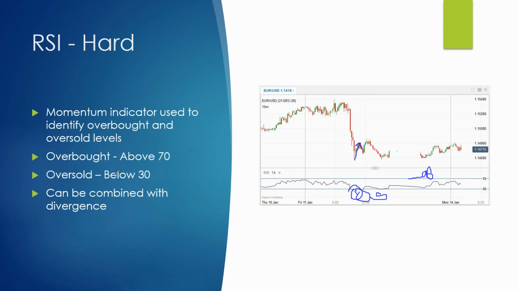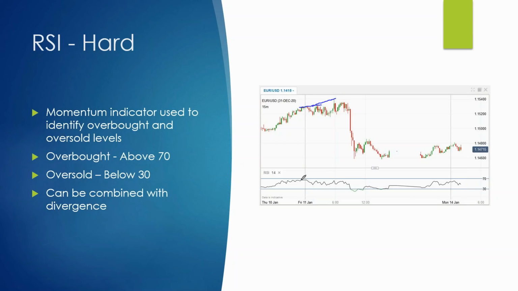However, most of the time, you don't want to just take a trade because it's overbought or oversold, because it could be overbought or oversold for extended periods of time. Okay, what you are probably better off doing is looking for divergence. Okay, so for example, in this one, you have prices making a higher high here.